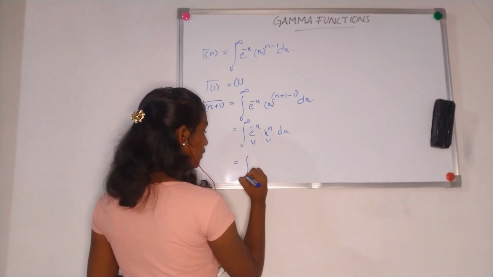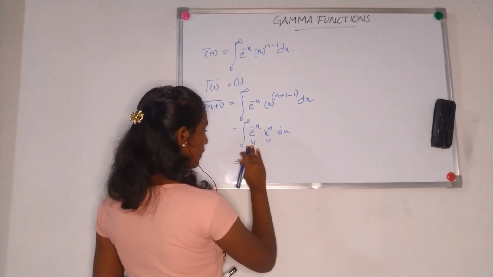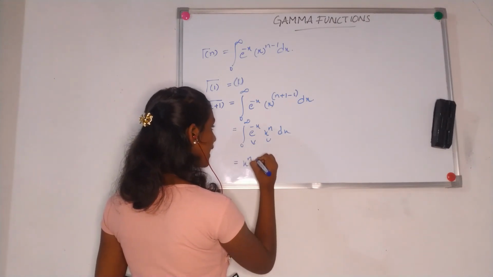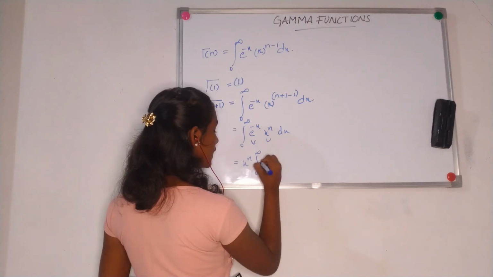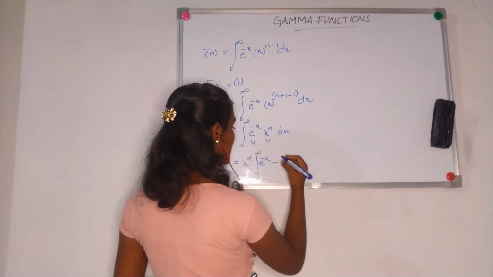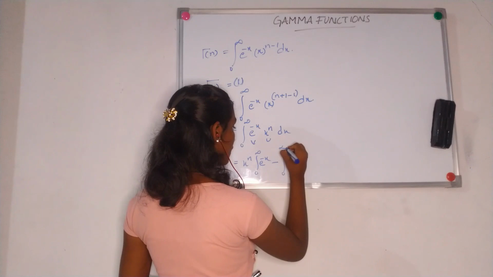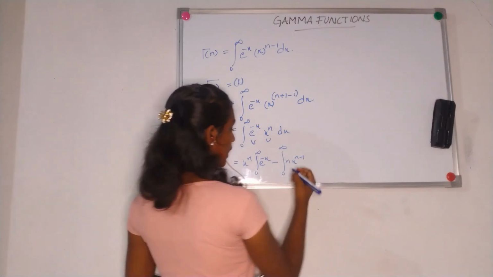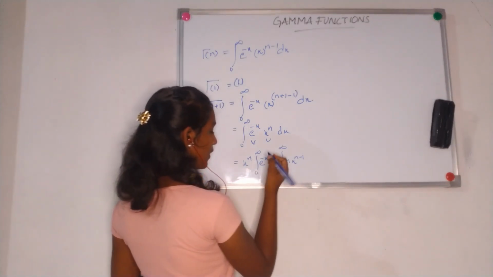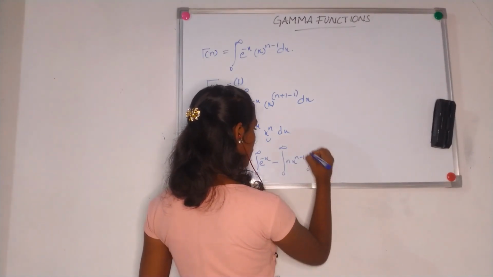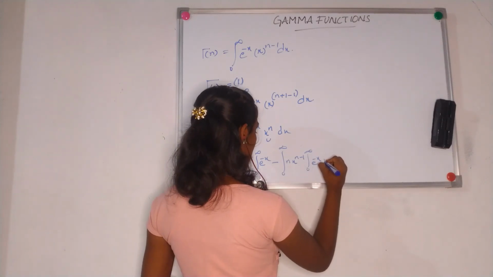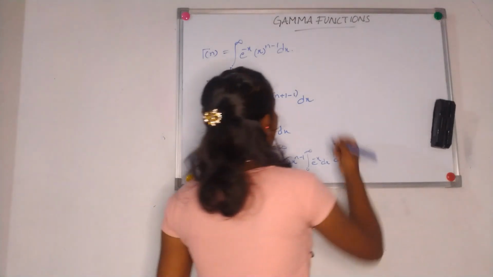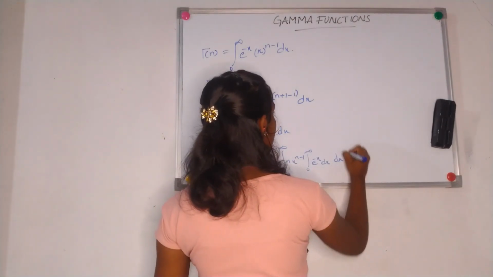Using the uv formula, this gives me x power n into the integral of e power minus x, minus the integral from 0 to infinity of n into x power n minus 1 into the integral of e power minus x dx, and whole dx.